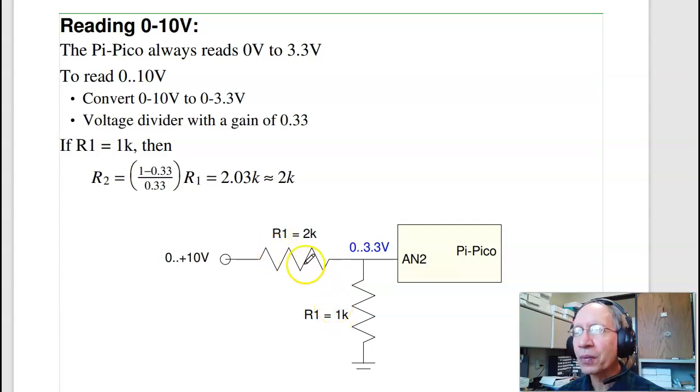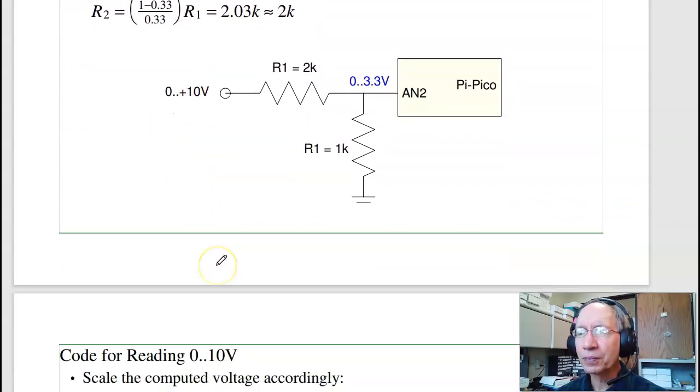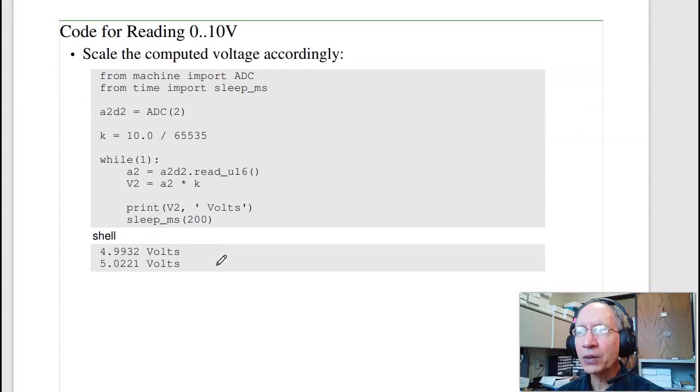Doesn't really matter. That'll convert 10 volts to 3.3 volts. Now when I read full scale, it's actually 10 volts at the input. I can read 0 to 10 volts. And in terms of coding, everything stays the same, just change the scalar multiplier so that full scale means 10 volts.